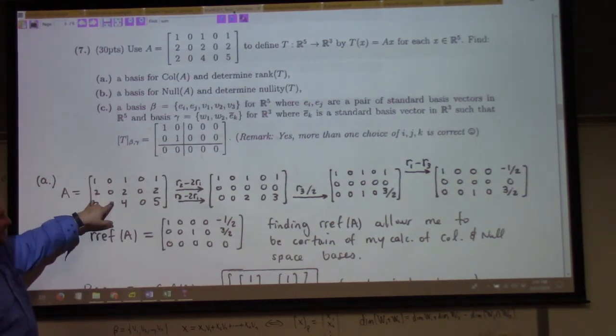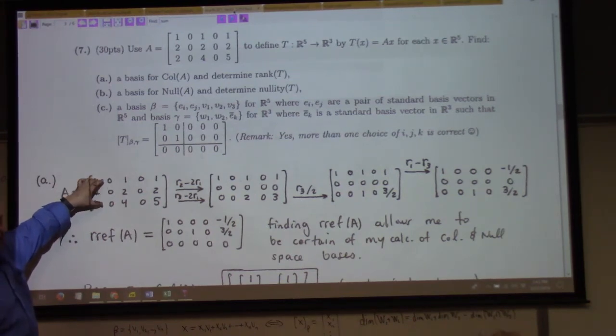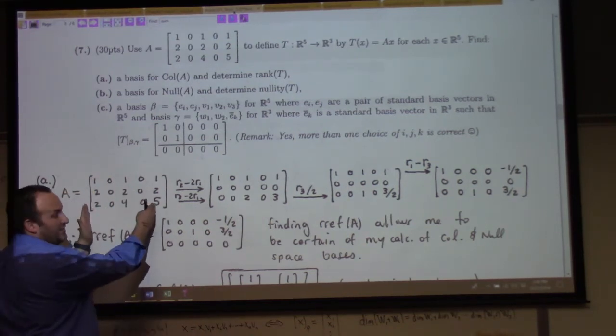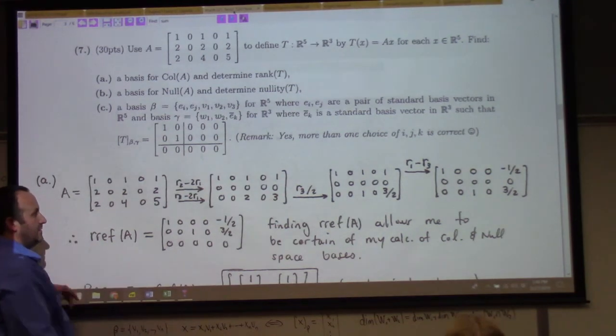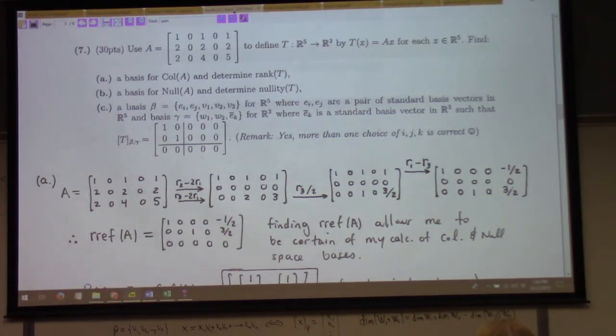I don't know, people said rank plus nullity equals 3. I'd assume it's because there's 3. But it's the dimension of the domain, which here is our 5. If we look at the linear transformation, if you like. Anyway, get to it here.